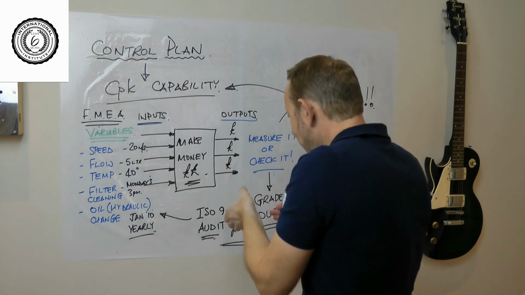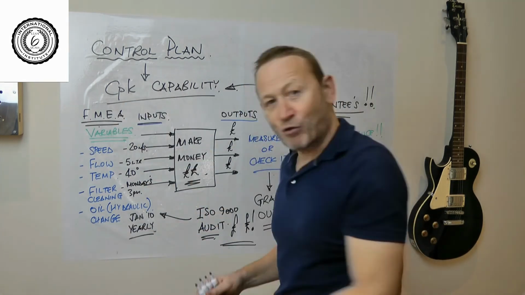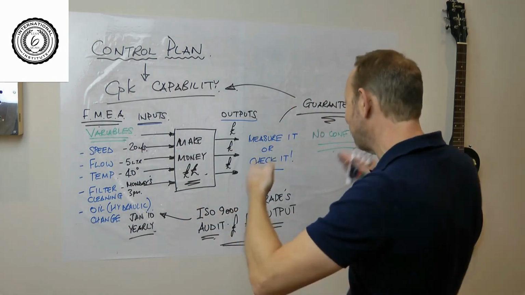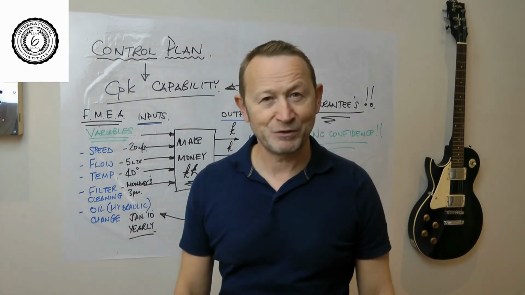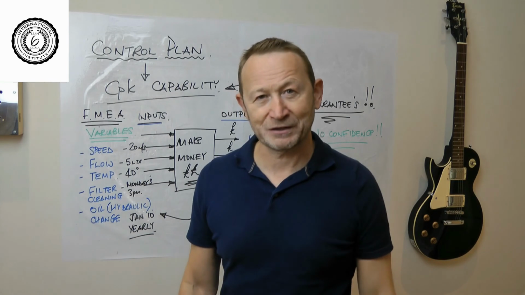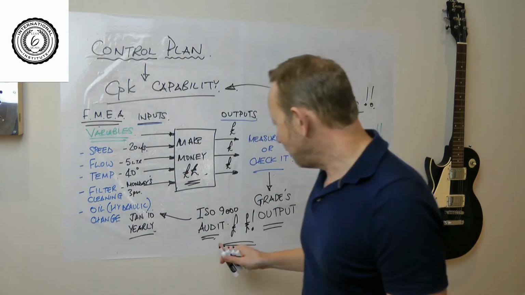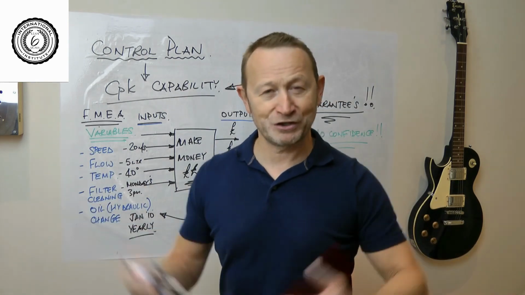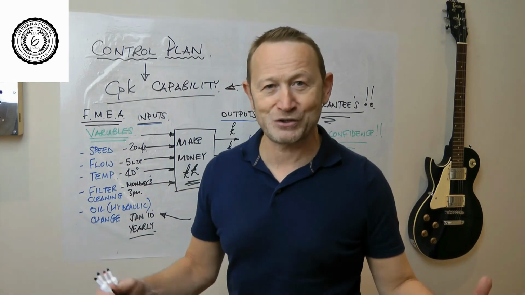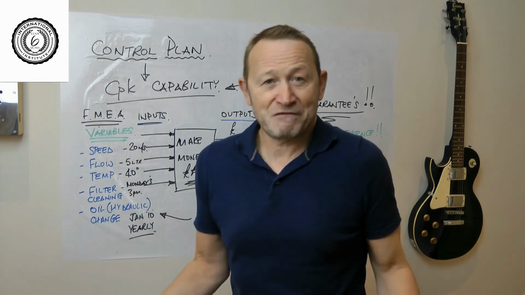If the control plan is not about inputs, it's not about making money, it'll just bury you in paperwork and you'll never do it properly. You'll just end up, when the ISO 9000 man is due, tidying up all your paperwork and hiding all the errors and all the problems that you've got, so that the auditor never finds them.